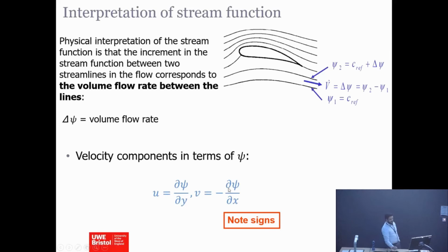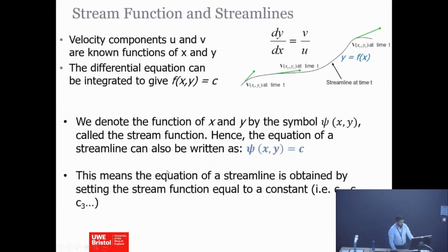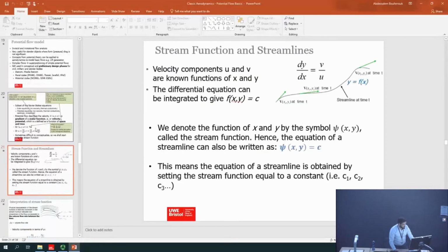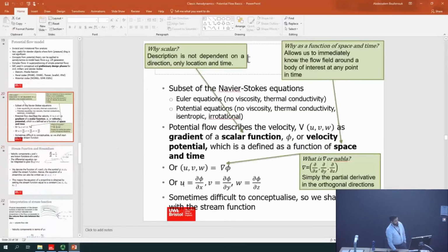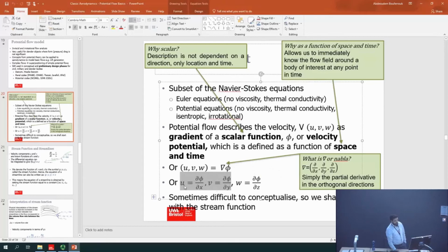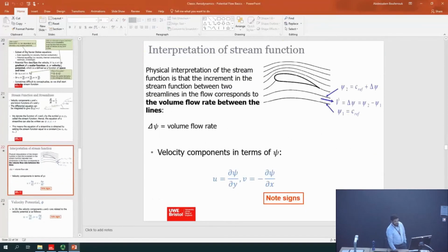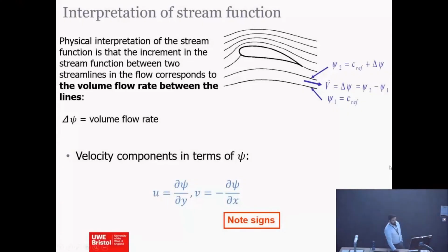The reason I'm saying that, if we go one slide before, oops, sorry, you will see that in terms of phi, the velocity potential, the velocity components u and v are slightly different. It's not the same. Here they're quite different, so please note the signs so that you don't get confused.